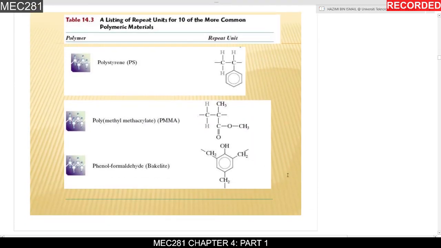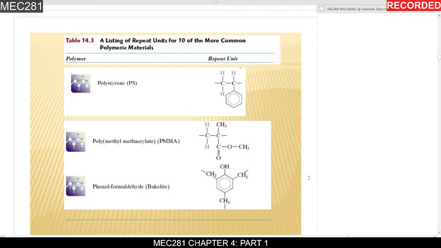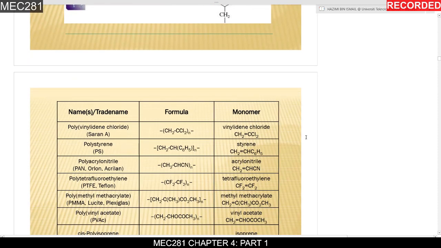So maybe sometime in the future you can produce your own new polymer, and your polymer will be named after you. Let's say Ahmad. Maybe they reward your invention of polymers with your name, Ahmad Polymer. Maybe, who knows?